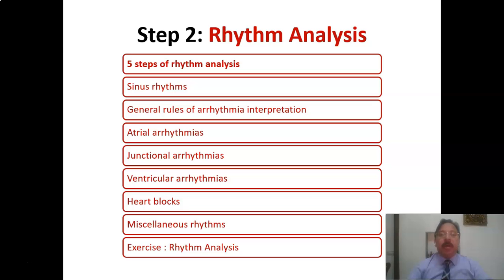In this rhythm analysis step, we are going to learn the 5 steps of rhythm analysis: sinus rhythms, general rules of arrhythmia interpretation, atrial arrhythmias, junctional arrhythmias, ventricular arrhythmias, heart blocks, miscellaneous rhythms, and in the end we will sum up all the steps in one exercise called rhythm analysis.